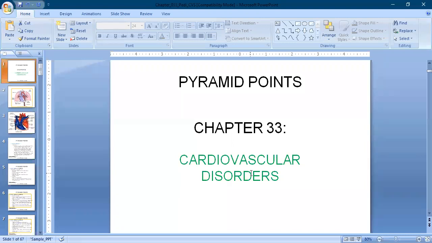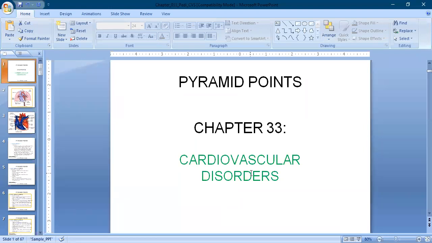And definitely related to this cardio pediatrics, we have to know what is ASD, what is VSD, what is PDA, and we have to know what are the transposition of the great vessels, what is tricuspid atresia and truncus arteriosus.